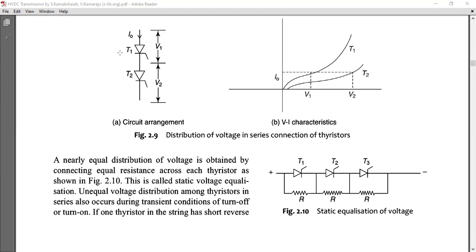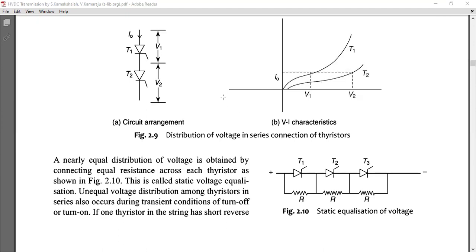Here we are taking two thyristors of the same ratings and specifications, and the voltage will be divided. Thyristor T2 is supporting the higher voltage and is on the point of breakdown, while T1 is subjected to only a small voltage.